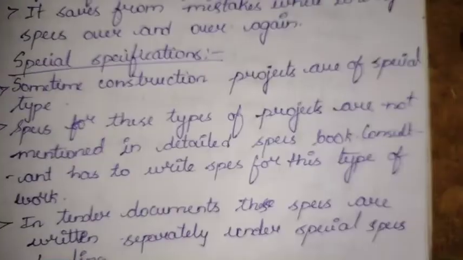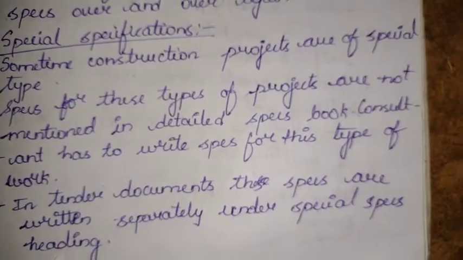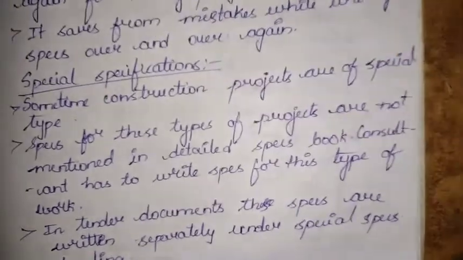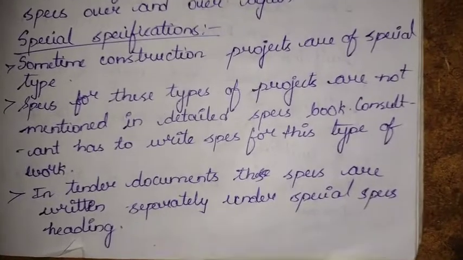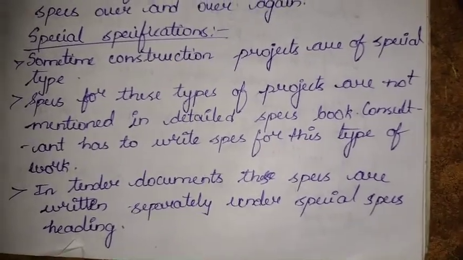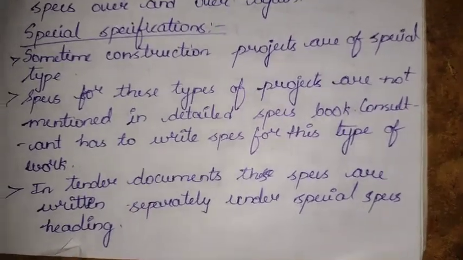Next, going to the special specifications. Sometimes construction projects are of a special type. The specifications for these types of projects are not mentioned in the detailed specifications book. The consultant has to write specifications for this type of work. In tender documents, these specifications are written separately under the special specifications heading.